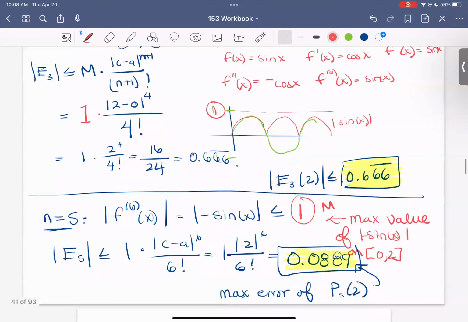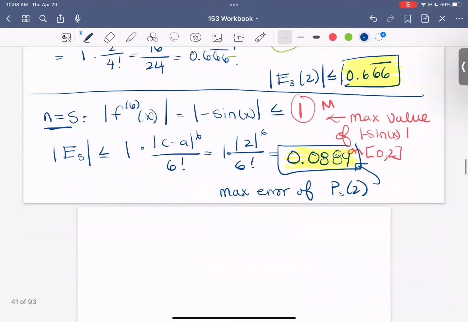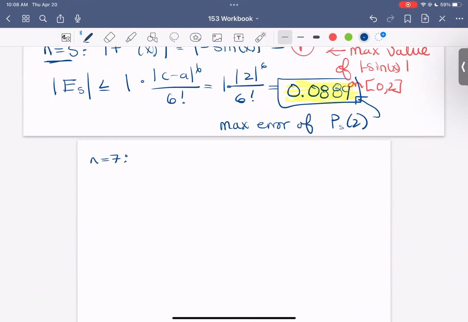All right, let's finish this example off by looking at when n equals 7. Again, we're going to go through this quickly because we're getting familiar with the steps. When n equals 7, we need to look at the 8th derivative of f of x. You can check my work, but when we continue taking the derivative of our function, we're going to get sine of x again.